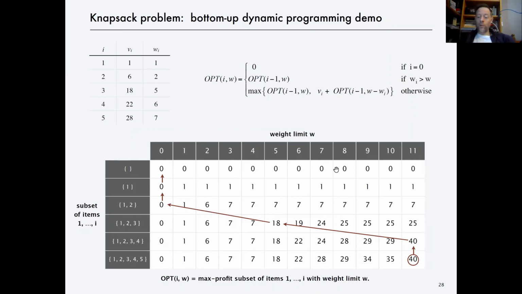So we know the weights. We know that we need to go to the row above, and the cell W equals 5, and there we see 18. And again, we see that it's different from the row above. Therefore, it means that we need to take this element. So it means that we take element 3. And now there's actually no weight left.